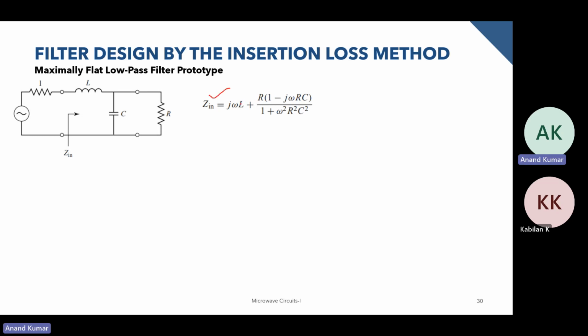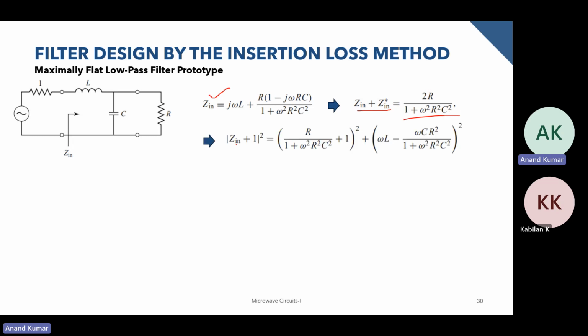We found Zn equals this expression, and now Zn plus Zn conjugate is 2R by 1 plus omega squared R squared C squared, and the magnitude of Zn plus 1 squared is equal to this huge term over here. This is all multiplication with numerators and denominators.